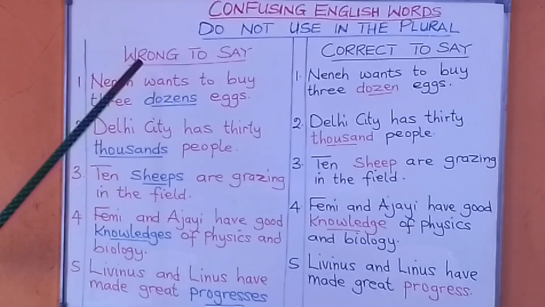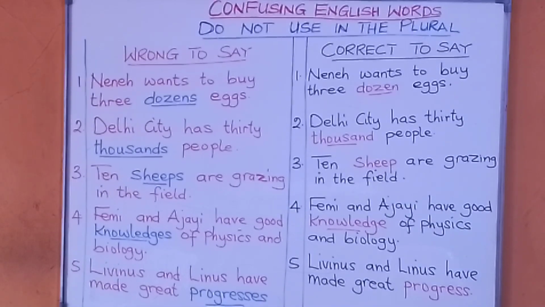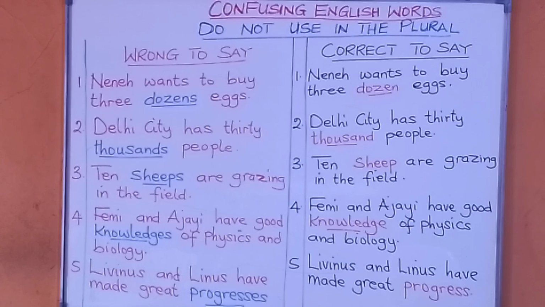Number 5, wrong to say Levinus and Linus have made great progresses. Say Levinus and Linus have made great progress. And so, we are looking at words that you do not use in the plural form.